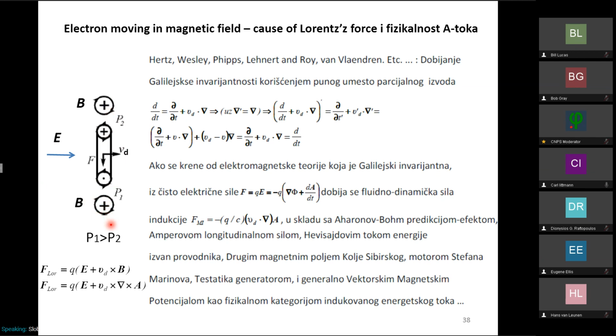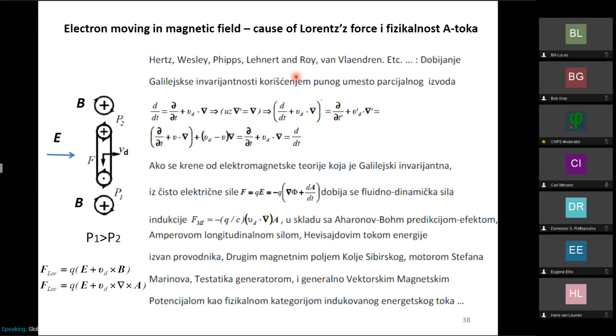So in this situation, what I should have put here, P sub 1, should have been smaller than P sub 2, or I should have changed the direction of force. Sorry for this mistake. But really the explanation is that straightforward for both movement of electron in the electric field and movement of electron in the magnetic field.